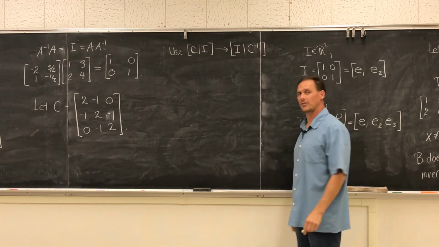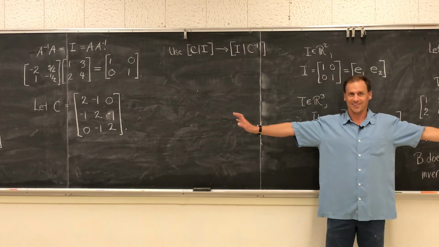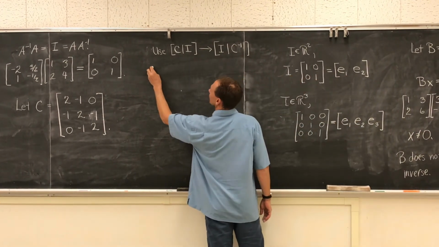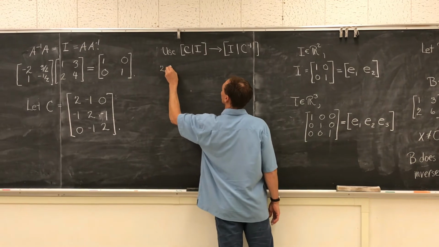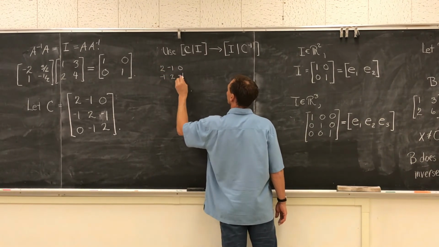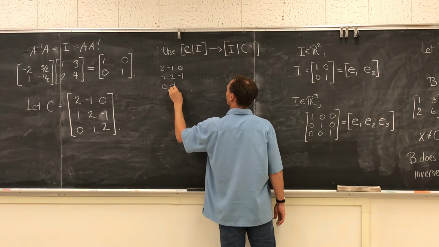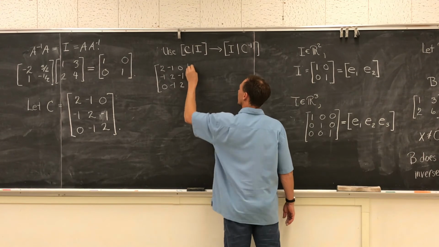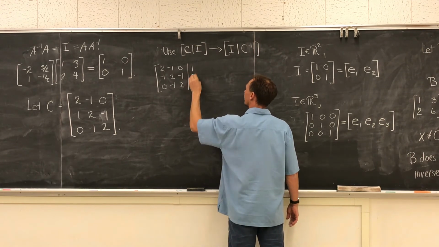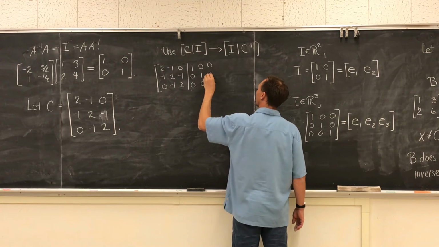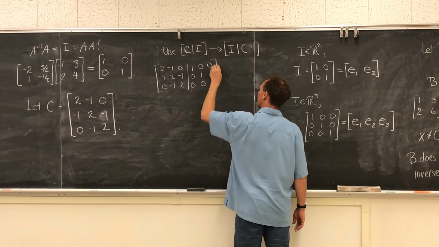Okay, that's what all of this work that we've done has told us. So let's do that. So C I: 2 minus 1, 0, minus 1, 2 minus 1, 0 minus 1, 2, and 1, 0, 0, 0, 1, 0, 0, 0, 1.